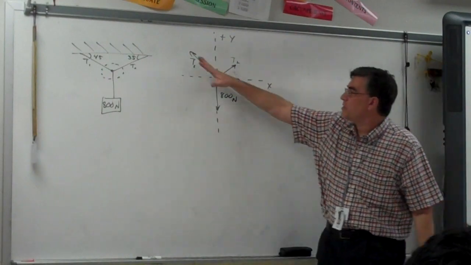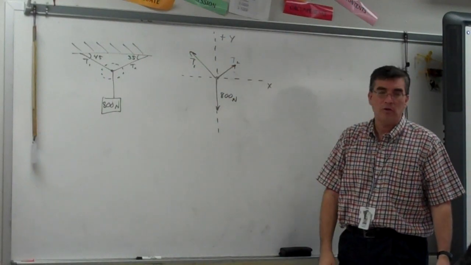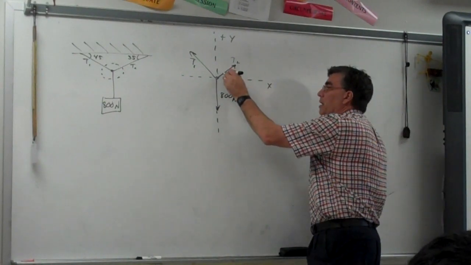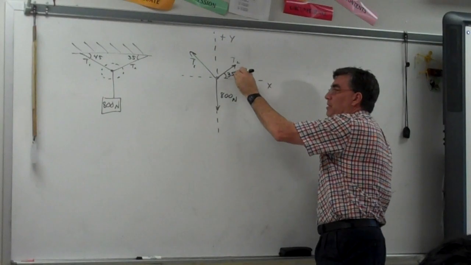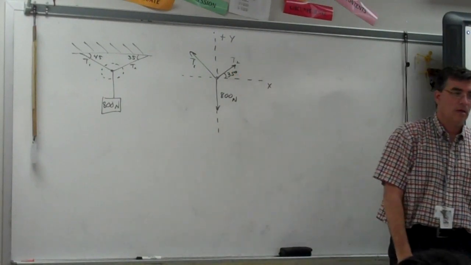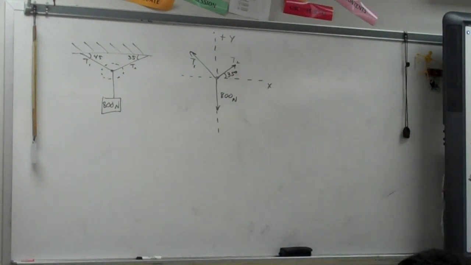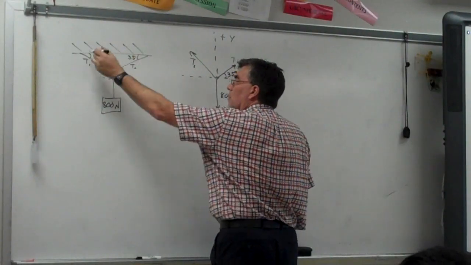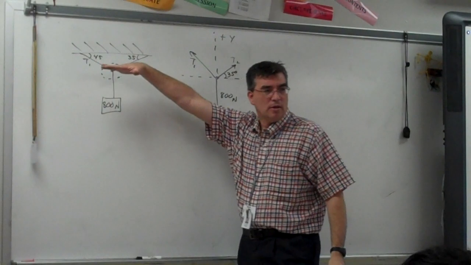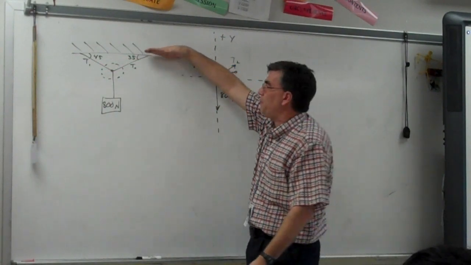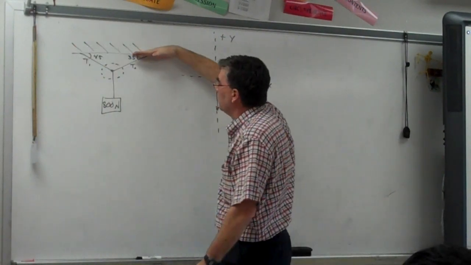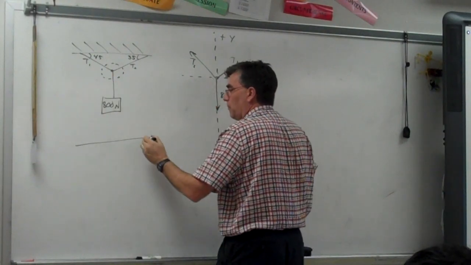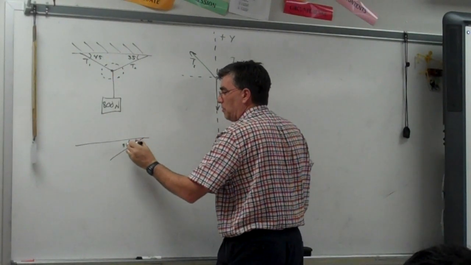Now the next thing is, once I have these vectors, I have to do some geometry and figure out some angles. This angle right here is 35 degrees. Now how do I know that? Alternate interior angles. Didn't we already go over this? Yeah, but a lot of you weren't here, that's why we're doing it again. If this is a flat surface, a roof, and this is the cable, it's 35 degrees.